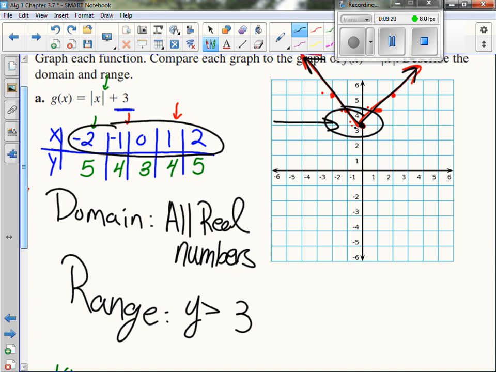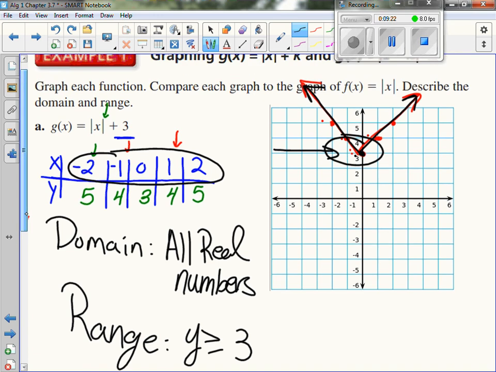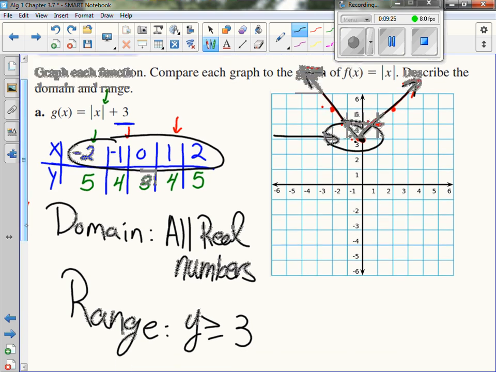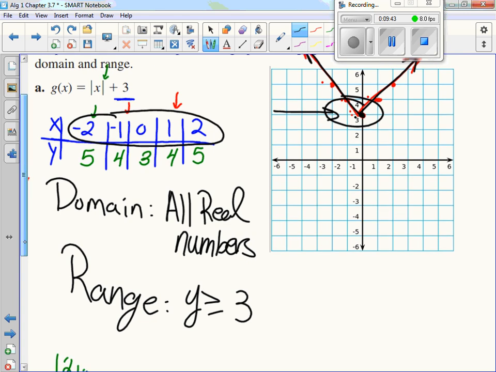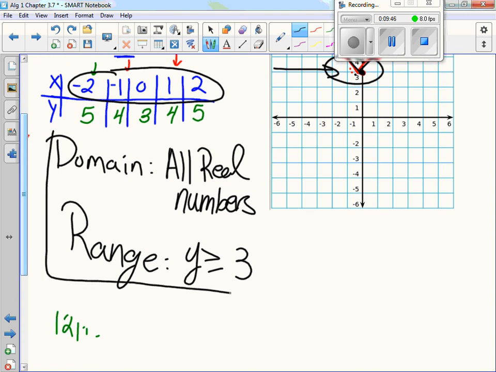And y is going to be greater than or equal to 3, because when we look at this graph, the smallest value going up and down on the y is 3, and it goes up from there. So for this, we would say y is greater than or equal to 3. This would be our domain and range. It's the other part of this answer. Questions on this here?